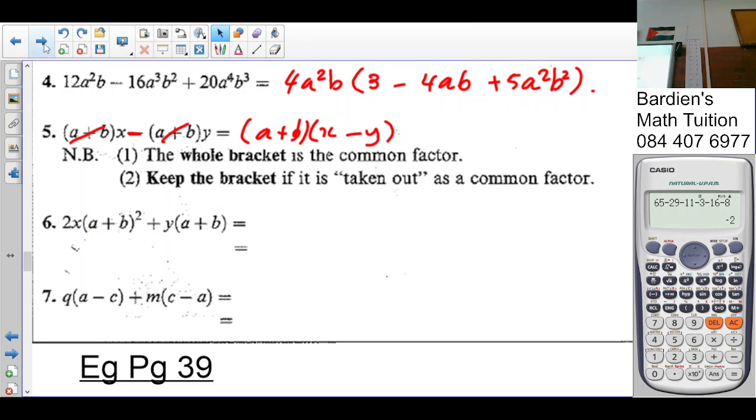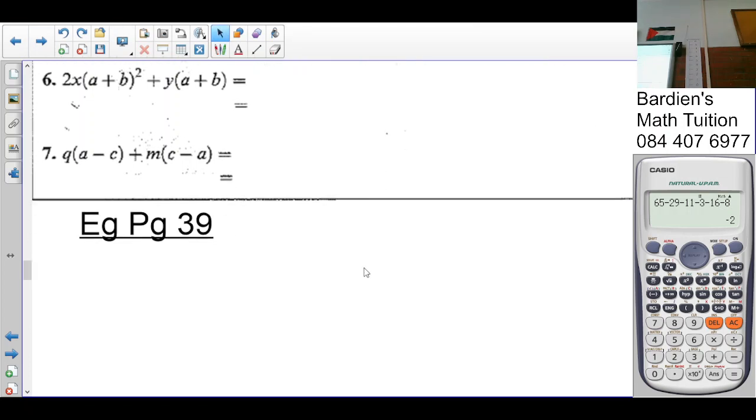Looking at number 6, what do you notice? What is common here? A plus b. But in the first term, a plus b is accounted for twice. Can you see that? But in the sum, is the a plus b all squared common, or is just the a plus b common?